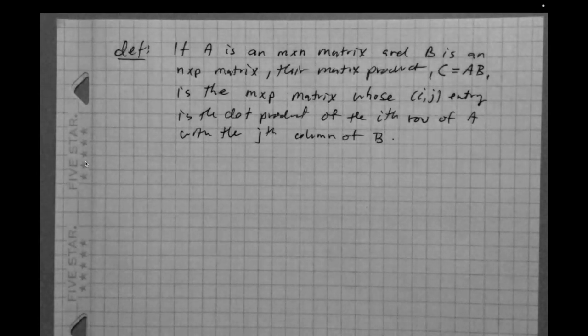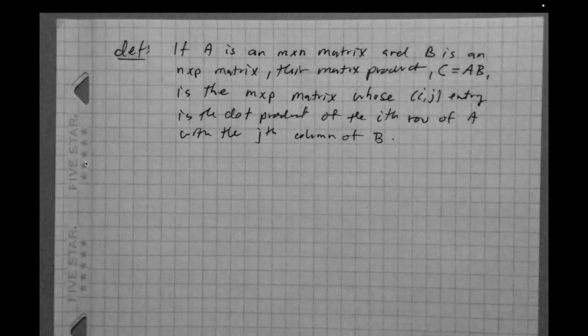I know that it's not completely obvious what is happening here. But let's talk this through, and then we'll draw some pictures, and do some additional examples. So if A is an m by n matrix and B is an n by p matrix, exactly the dimensions that we talked about before, then I can multiply them together to get a new matrix C, which is equal to A times B. And that new matrix is going to have the dimensions m by p.